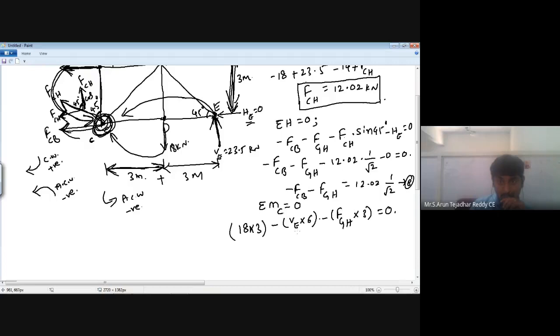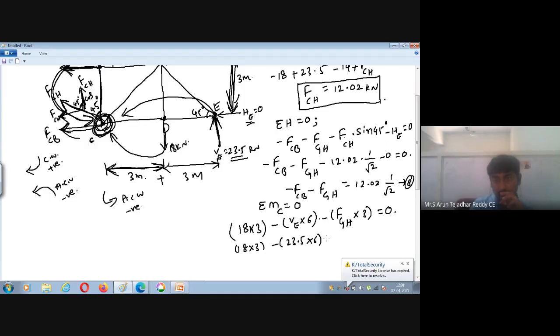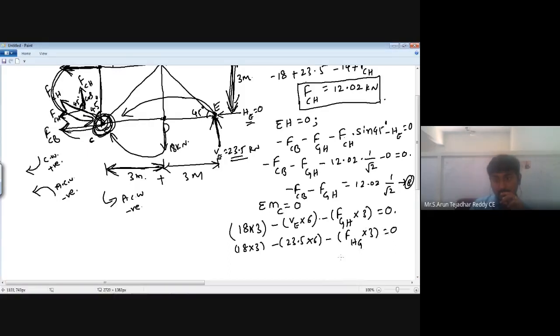Already we know the VE value, that is 23.5 kilonewton. Minus FGH into 3 is equal to 0.